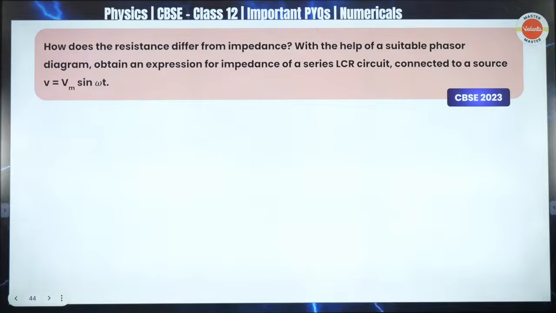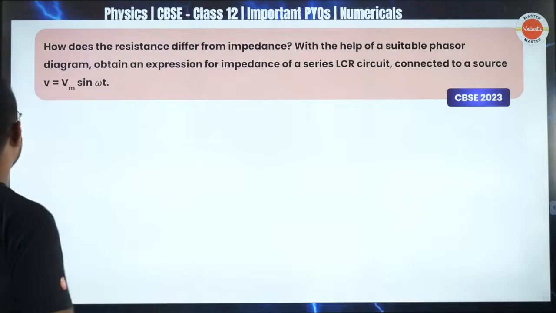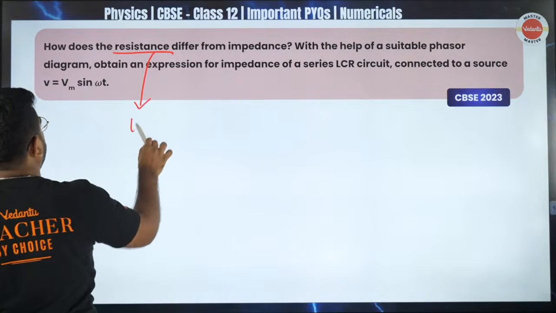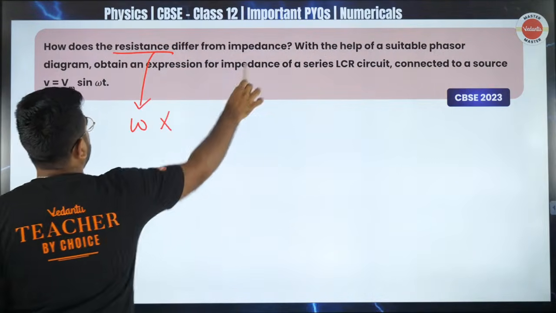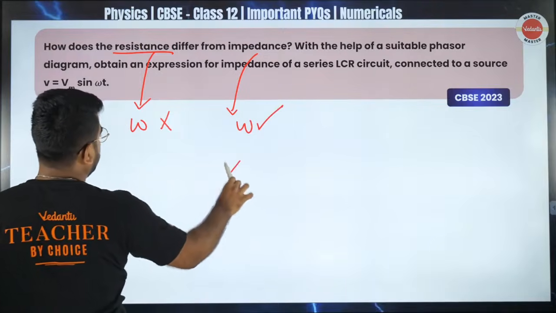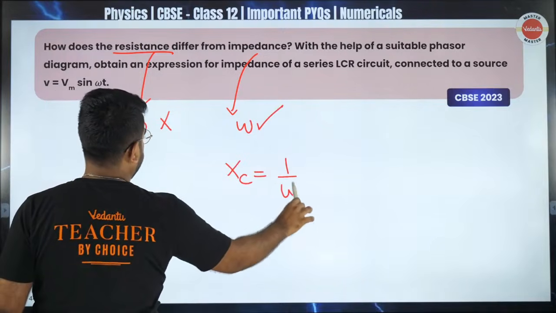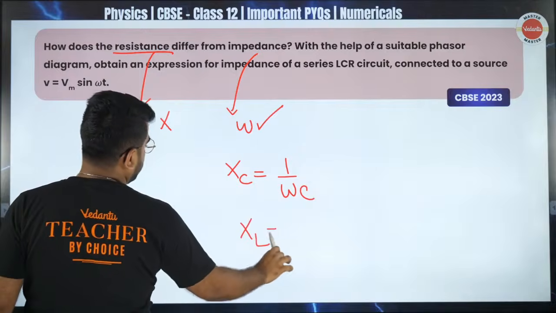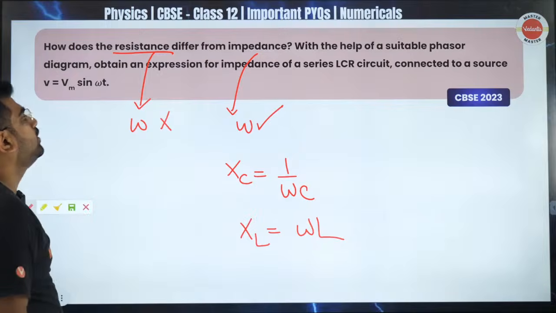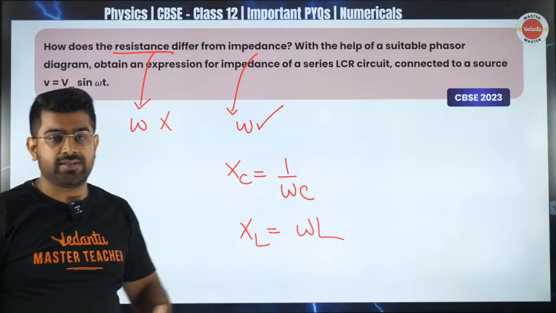Great. So, how does resistance differ from impedance? Resistance does not depend on frequency. Impedance depends on frequency, because your capacitive reactance is 1 by omega C and your inductive reactance is omega L. So that is the biggest difference.